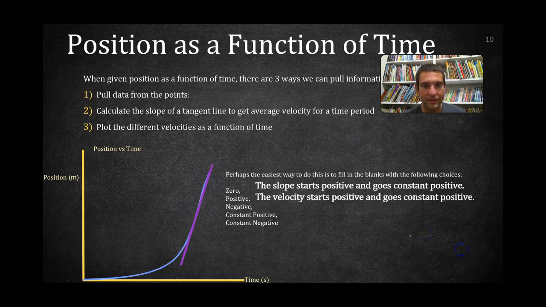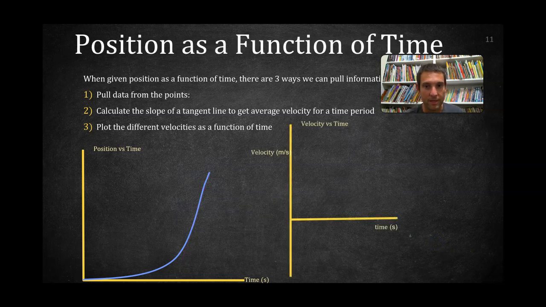Next part, the slope starts positive and goes constant positive. I know that blue line is kind of squiggly. That's my own drawing skills lacking. But we're going to call it constant anyway. So because the slope starts positive and goes constant positive, that means the velocity starts positive and goes constant positive.